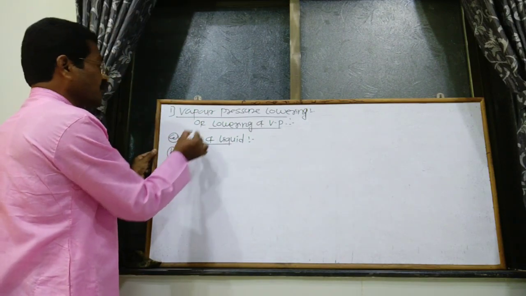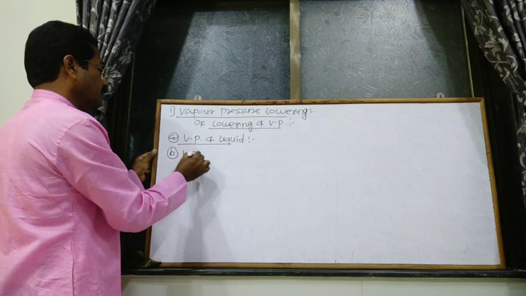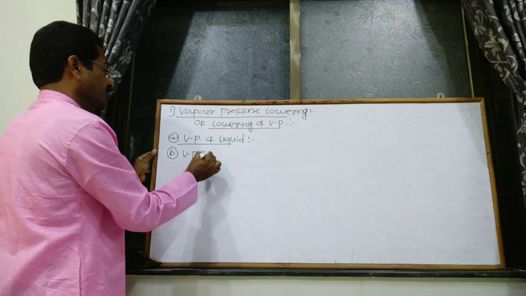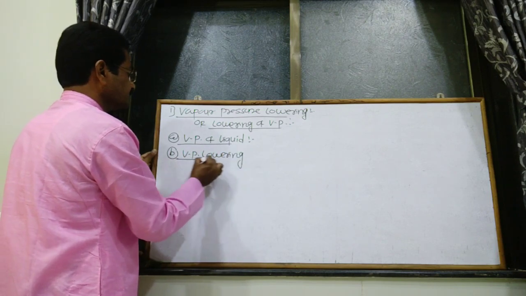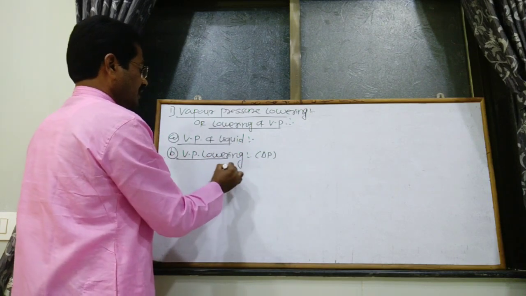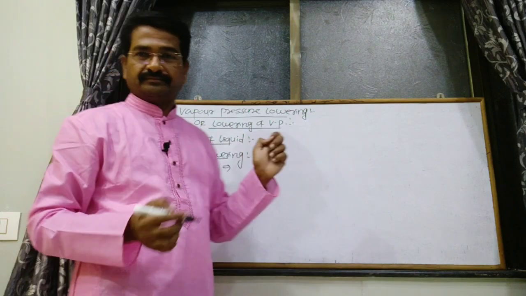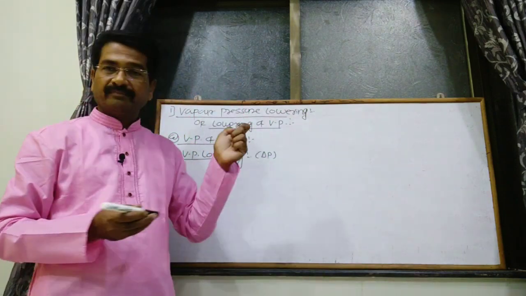After that, the second point is lowering of vapor pressure or vapor pressure lowering, that is delta P. According to the textbook, what is the definition of vapor pressure lowering?